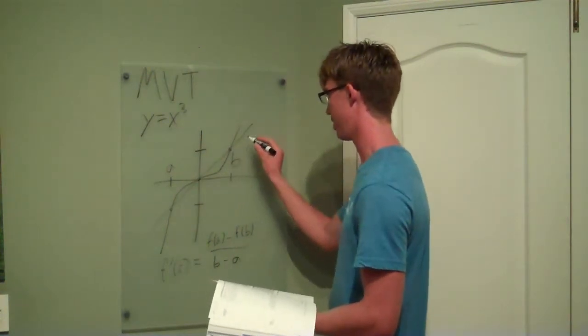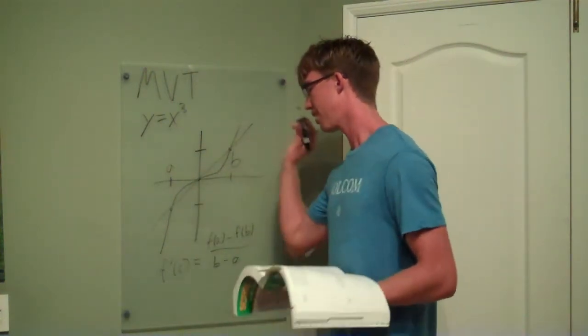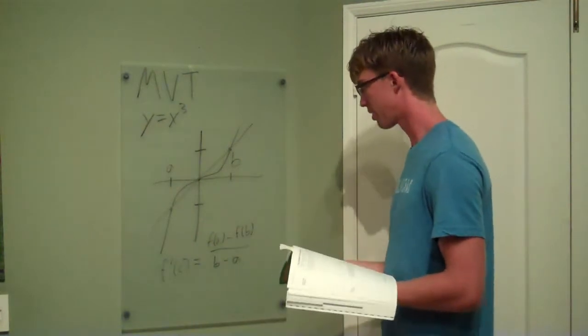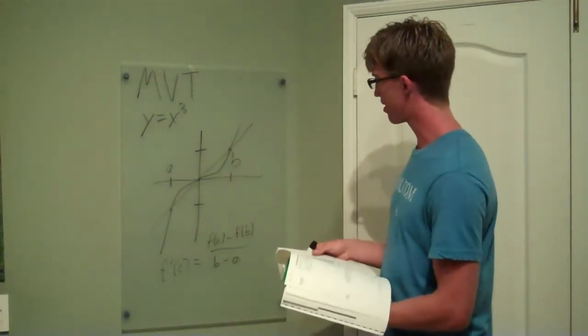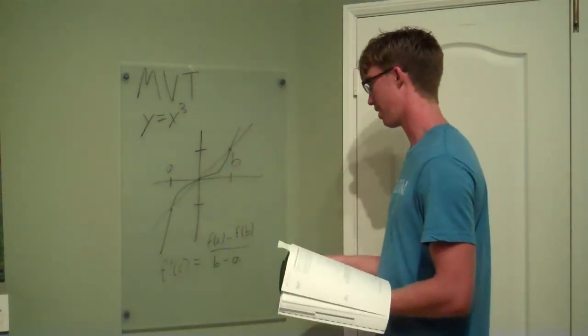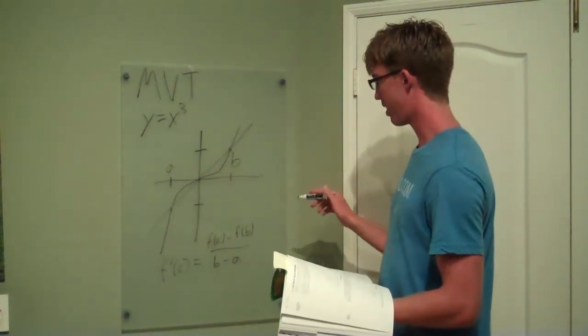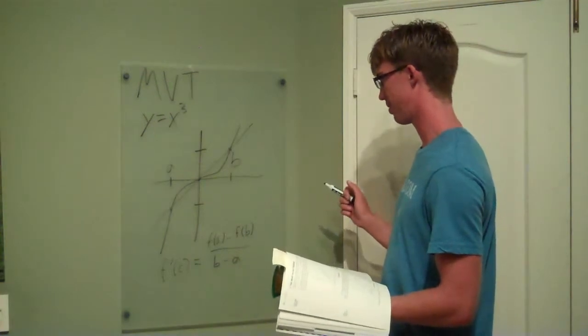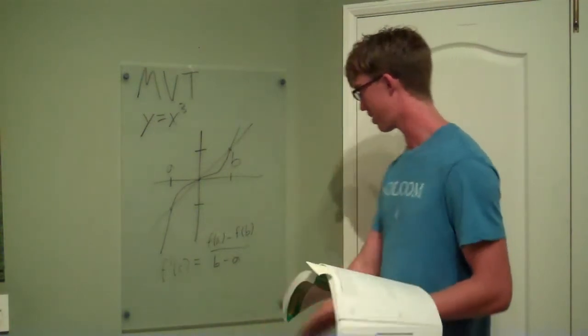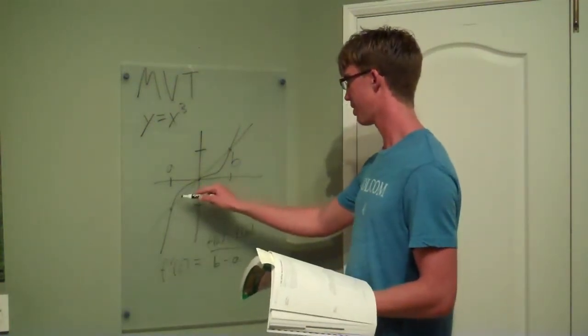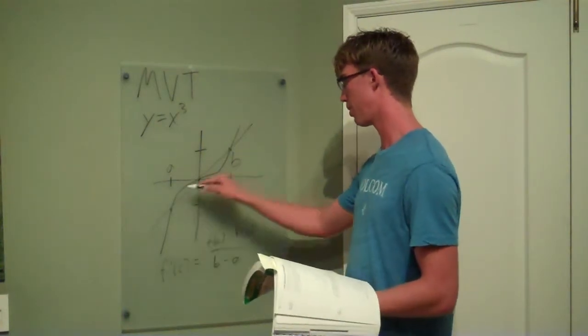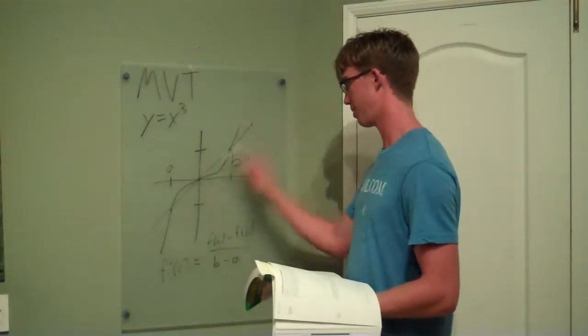And that's just the average slope or secant line between a and b. It's a very simple theorem, and basically what it's saying is that there's a certain point on this curve, or more points, that will have the same slope as the average slope.